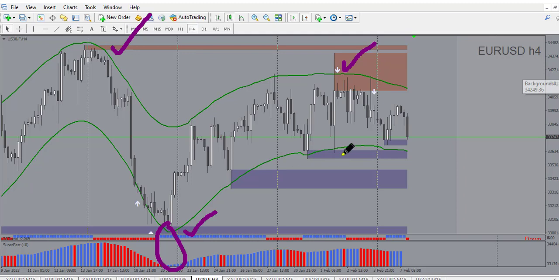And the second signal was generated here. The candle touched the band here, and then we have the arrow also. The band was here, then the arrow, and this is at the resistance zone.